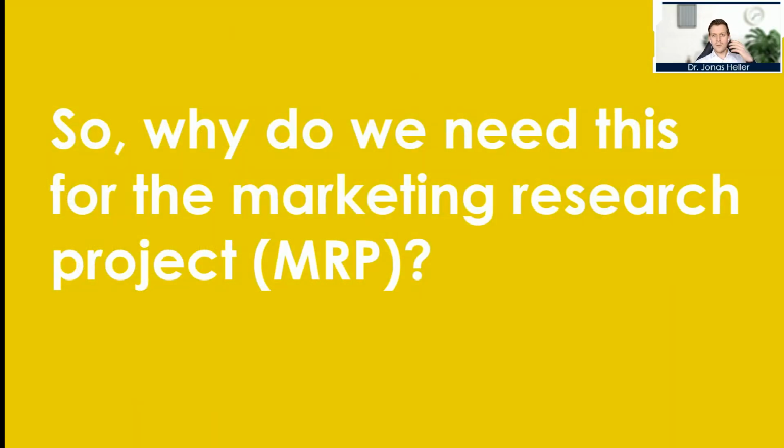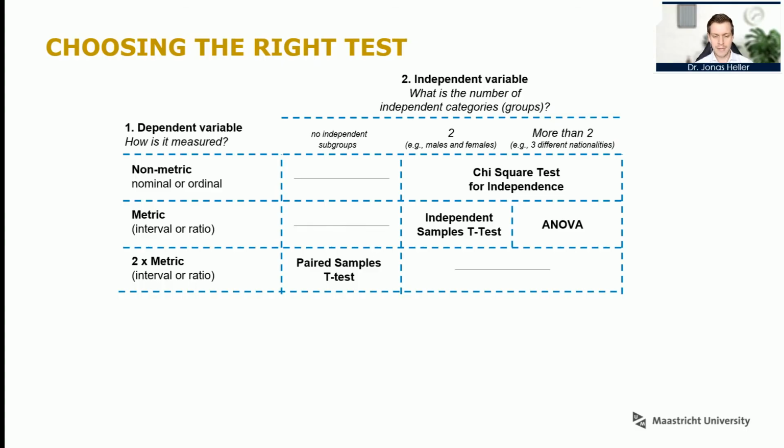Now, why do we need this for the marketing research project? Why is it at all relevant? So, as mentioned before, the type of data and the type of variables and scales that you use will affect what kind of tests you can use later on.